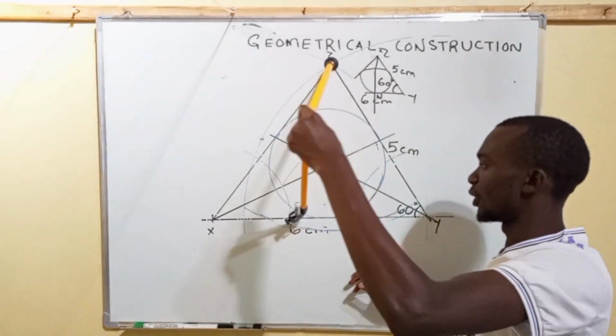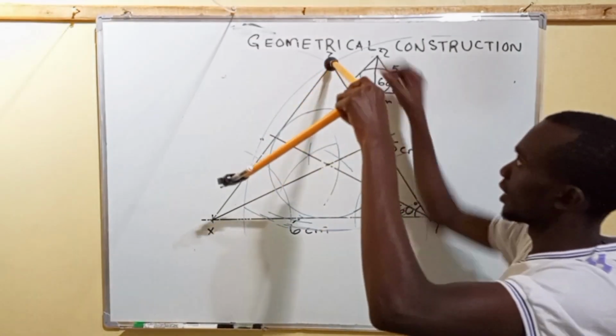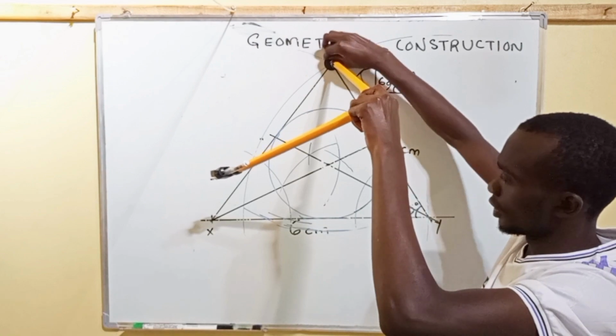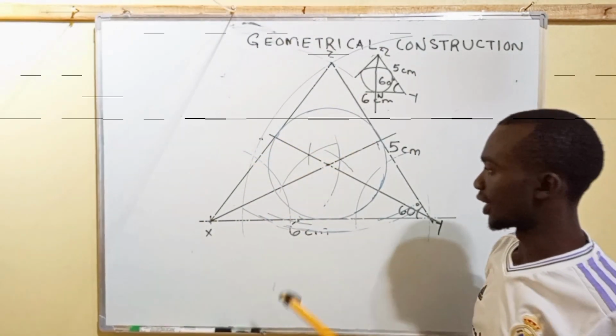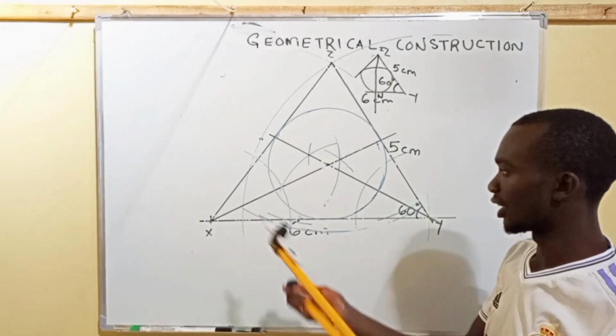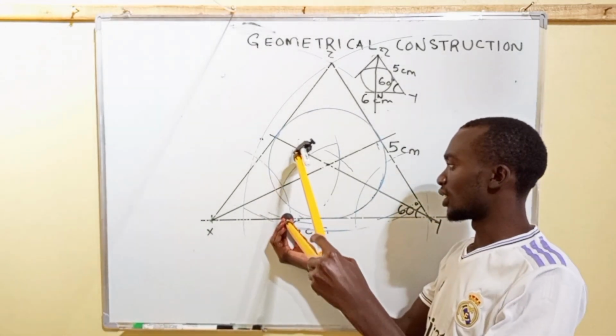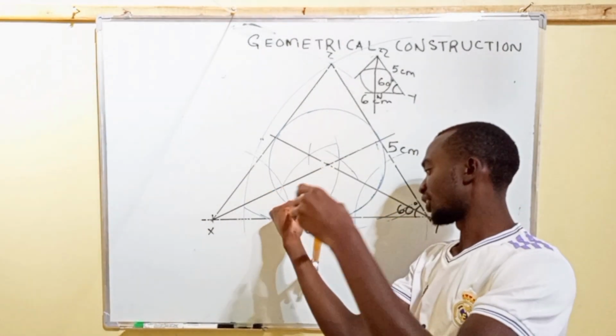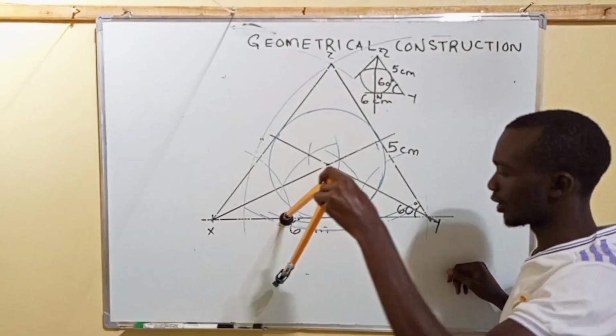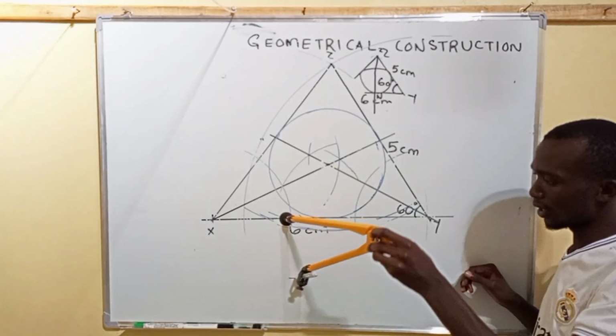I can arc at this point, another arc. So the arcs are this one and this one. So again, I stand, extend the compass a bit. At this particular point, I can decide to make a lower arc.